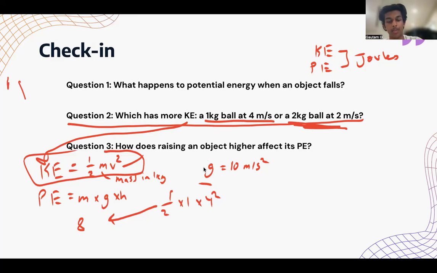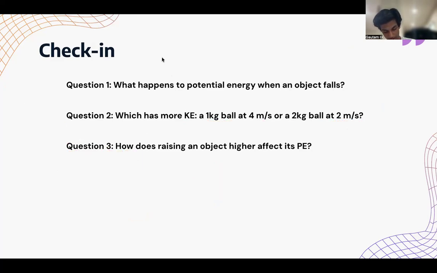G is gravitational acceleration, so G is equal to 10 meters per second squared. It's the acceleration we face due to gravity. Are we good? Okay, I'll move on then.